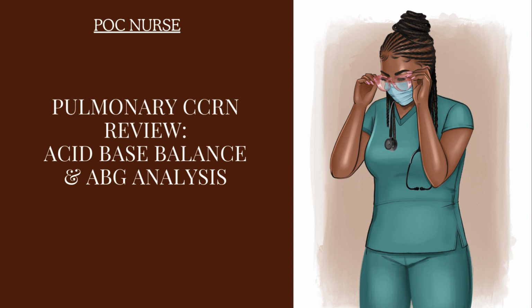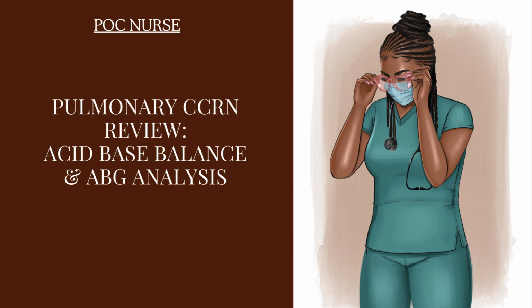So this is where you have uncompensated, partially compensated, and fully compensated acid-base imbalance. In uncompensated, we have two abnormal values, the pH and either the respiratory or metabolic parameter, which is the PCO2 or the bicarb. In partially compensated, they are all abnormal: the pH, the PCO2, and the bicarb level. In fully compensated, the pH is normal, but the PCO2 level and the bicarb level are abnormal.